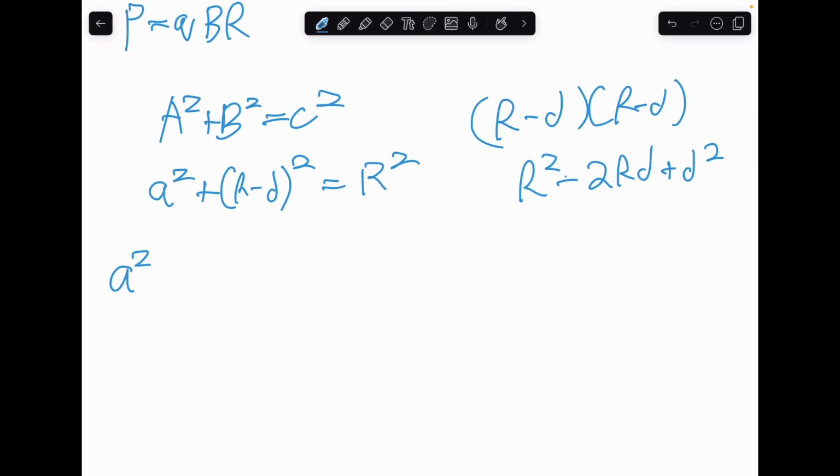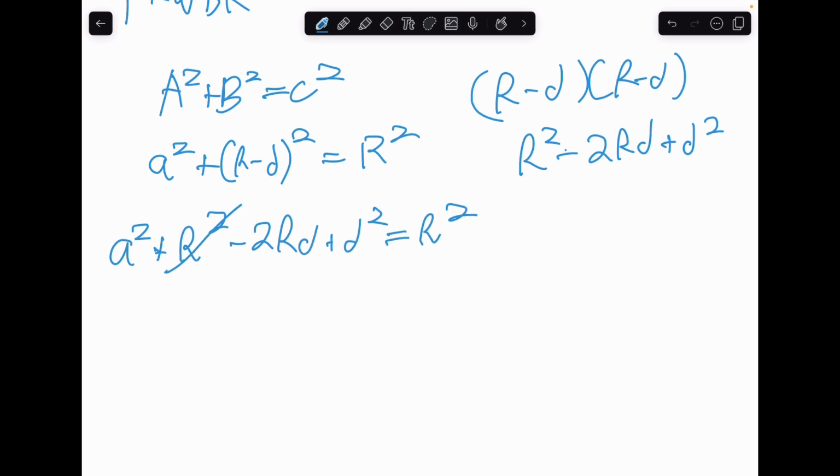So a squared plus R squared minus 2Rd plus d squared is equal to R squared. Now, if we subtract over the R squared, these are going to cancel out, giving us a squared minus 2Rd plus d squared is equal to 0.